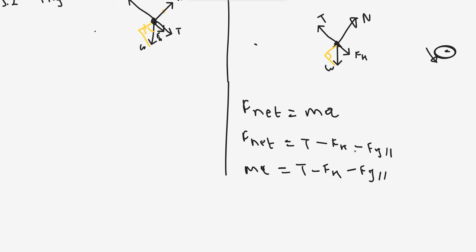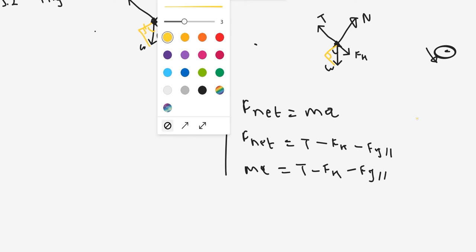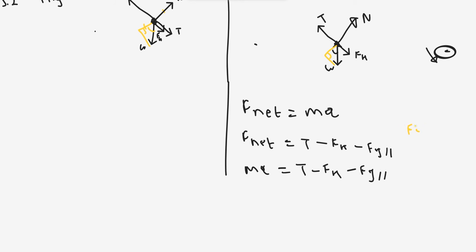We are going to calculate our FG parallel the same way we calculated our weight perpendicular, just changing the trig ratio since this one is opposite to the angle. FG parallel is equal to weight times sine theta.